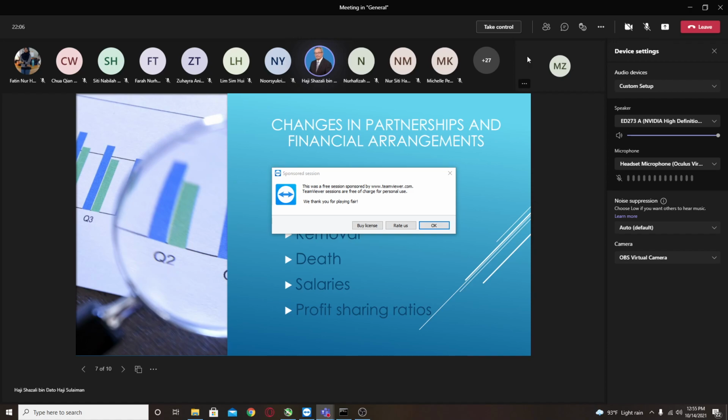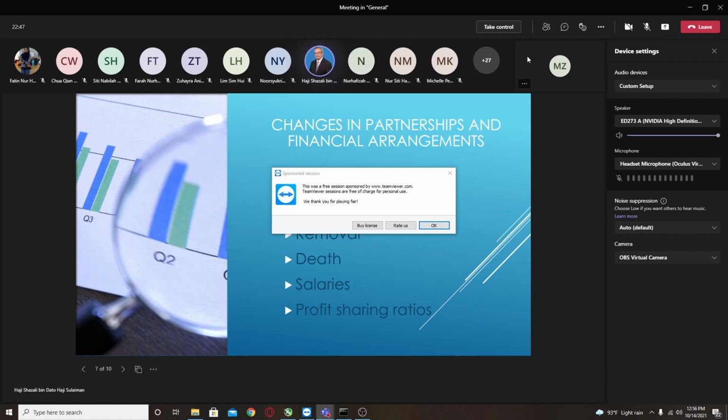So removal occurs when the partners of the firm decide that you are no longer an asset to the partnership, or you have done something wrong, or you've been negligent in terms of your work, or you've been suspended by the Accounting Association or the central bank or the regulatory authorities from acting as a partner because you did not do your audit work professionally and in accordance with professional ethics, you will be removed from the partnership. So a removal does not start at the financial year, and it can be any time. So a person can be removed anytime during the year.